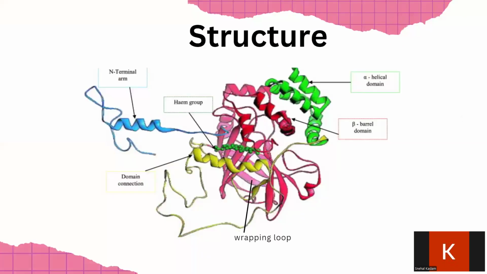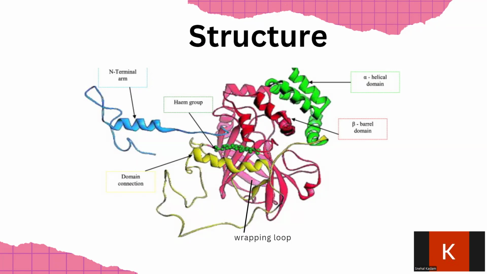Structure of catalase. Catalase structure is like a dumbbell shape with a terminal arm. This arm can actively participate in intersubunit interaction and form a knot-like structure. The arm starts from the beta barrel half and bends like an elbow.